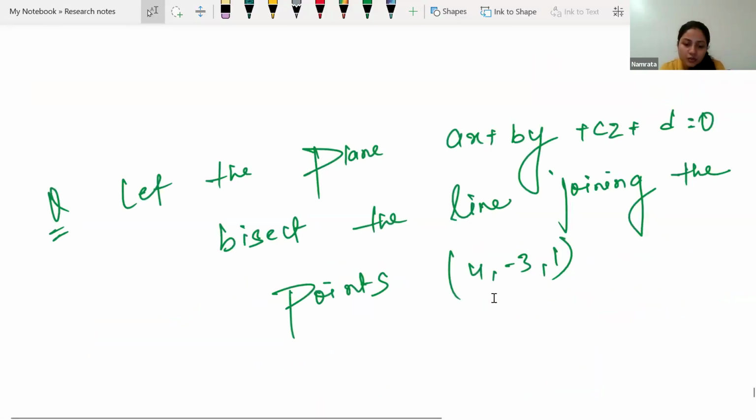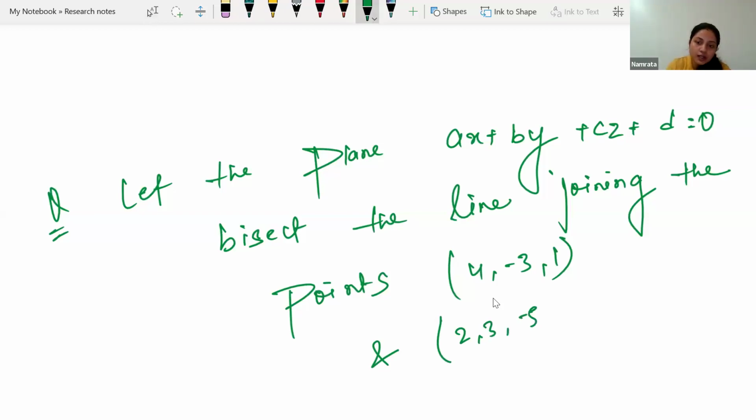So our question was, let this plane bisect the line joining the points 4, 3, negative 1 and 2, 3, negative 5 at right angle.